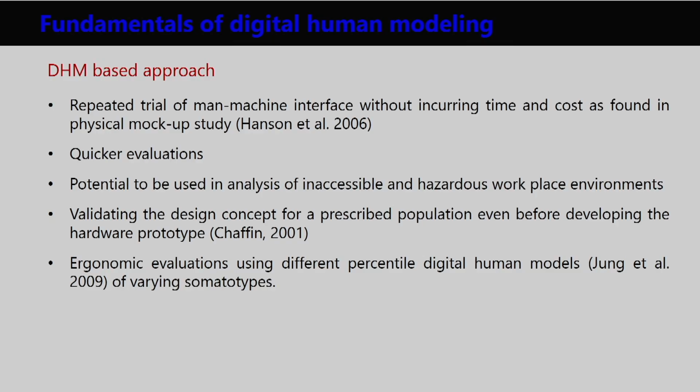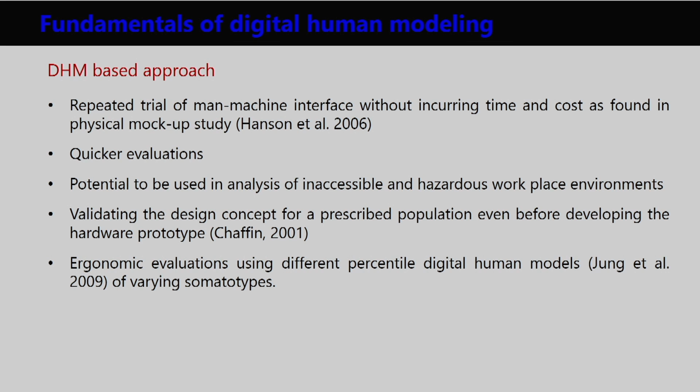Now, the digital human modeling based approach. In the digital human modeling based approach, we can go for repeated trials of the man machine interface without incurring the time and cost found in physical mockup studies, as stated by Hanson et al. 2006. Then quicker evaluation of the workplace, facility or product is possible. It has the potential to be used in analysis of inaccessible and hazardous environments, as we already discussed.